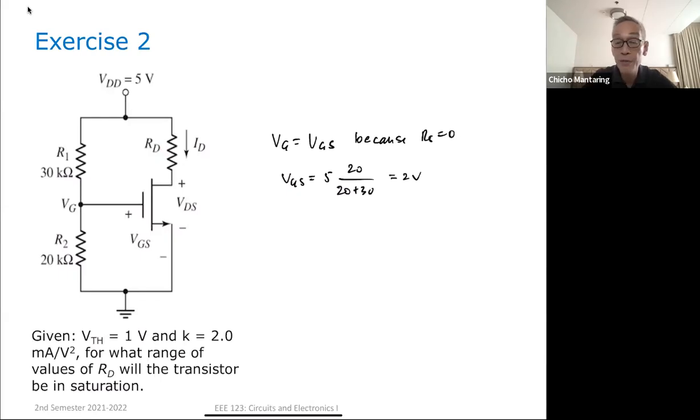I challenge you to solve these problems. If you want me to check your answers, you just send me your solution by email, and I promise you I will tell you if your solution is correct or wrong. Or if you're stumped, kung hindi nyo alam paano ituloy, at least show me what you tried to do, and then I will try to guide you to find the correct solution.